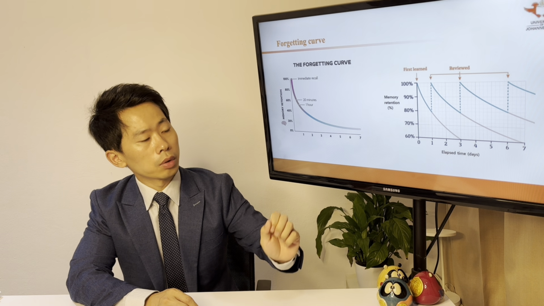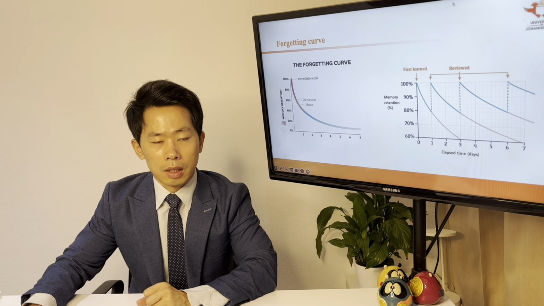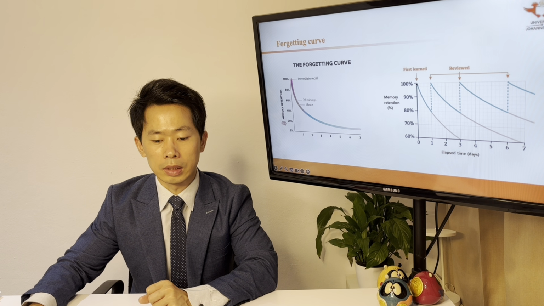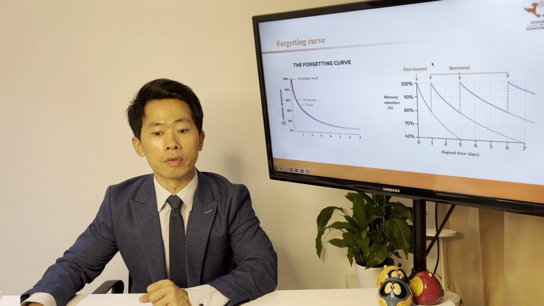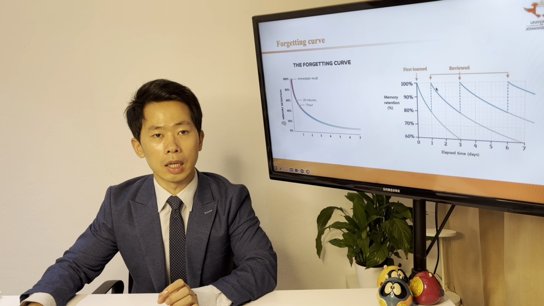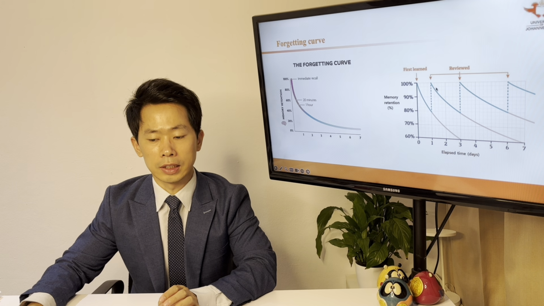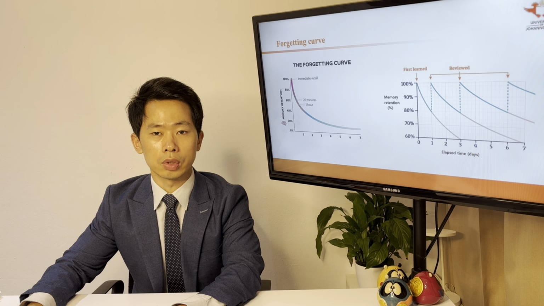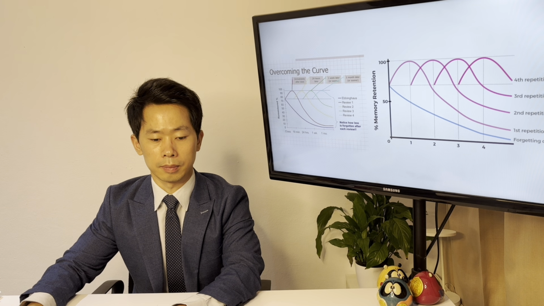That's why we recommend that if we remember 100%, you revise after 1 day and after certain days. This should overcome the forgetting curve, and if you work in this way, knowledge retention will be more efficient.